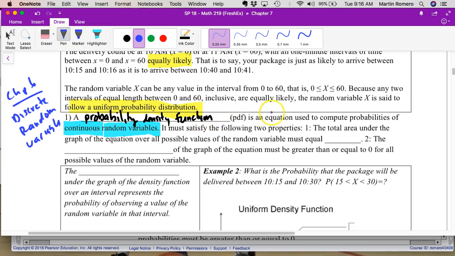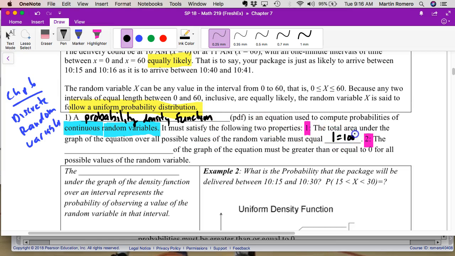And so a probability density function is an equation used to compute probabilities. It must satisfy the following properties. And so there's some properties here. Property 1, property 2, the total area underneath the graph of the equation that we'll give it to you. The total area must be equal to 1.